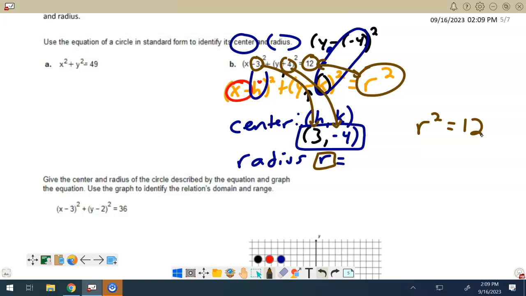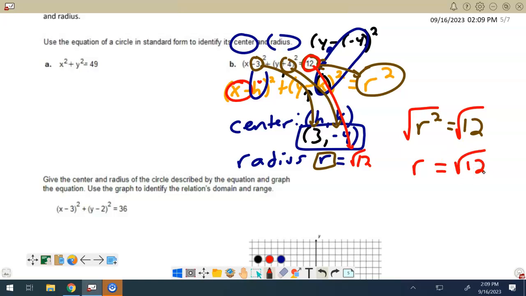Then you solve that for r by taking the square root of both sides to get r by itself. So the shortcut again is the radius will be the square root of whatever number is by itself on the right-hand side. But this is how you would set it up to get that information.